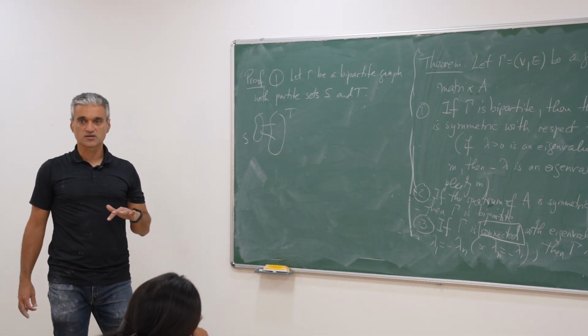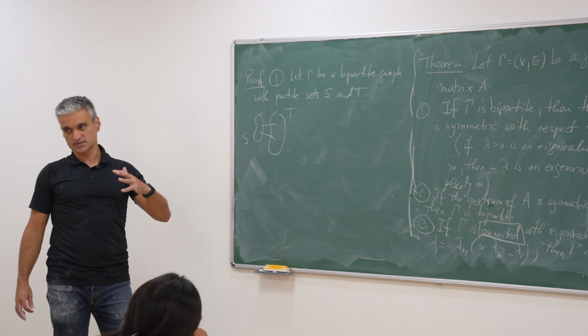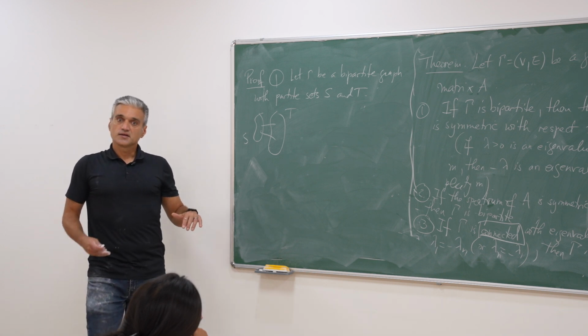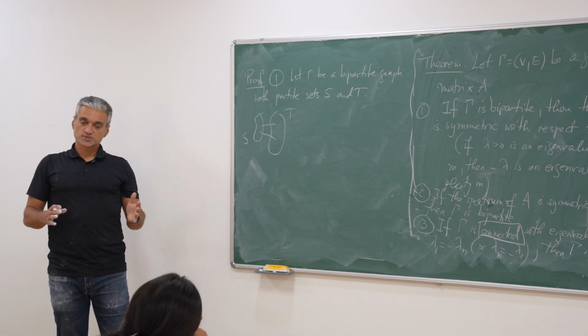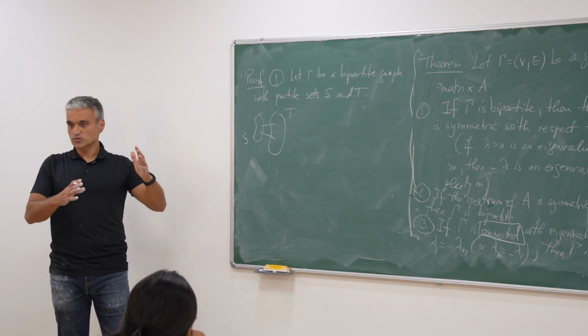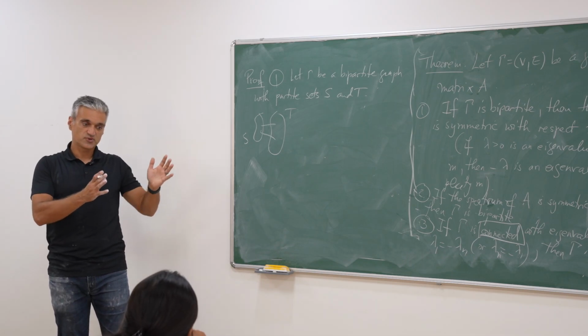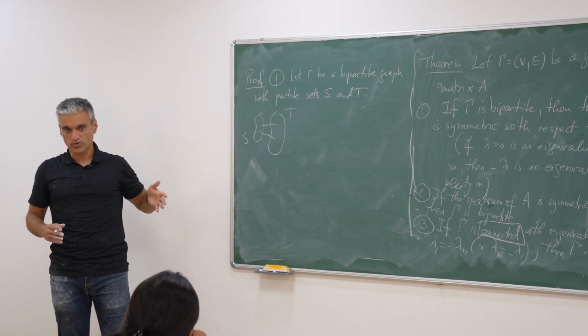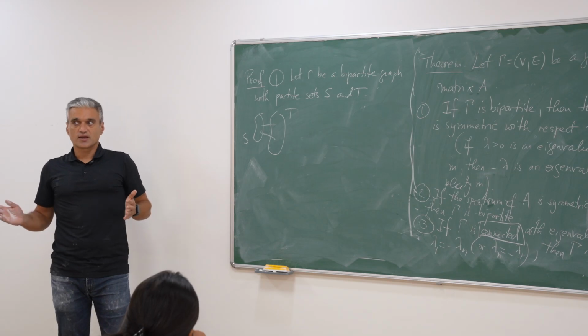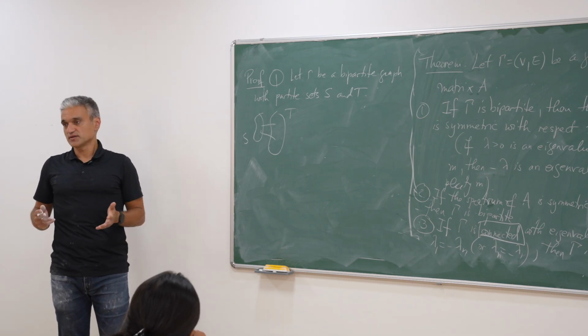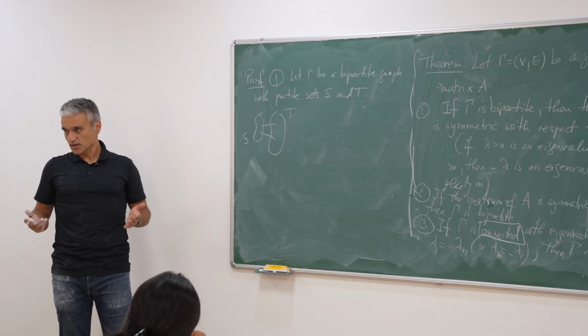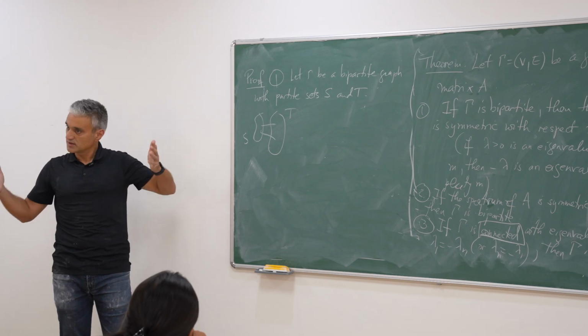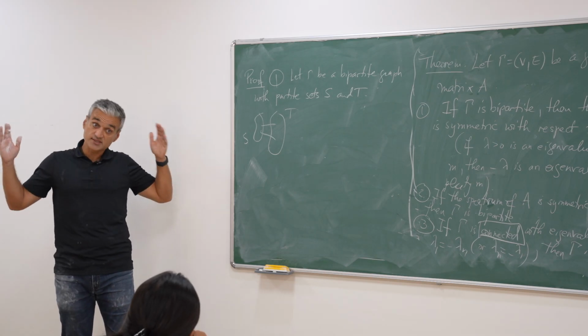In the definition I gave of the adjacency matrix, I said you start with the vertex set, and you have these vertices in V, and I label them 1, 2, 3, 4. Obviously, you can ask yourself, what happens if I don't like the ordering 1, 2, 3, 4, and I want 4, 3, 2, 1, or any other ordering? That is an adjacency matrix too.